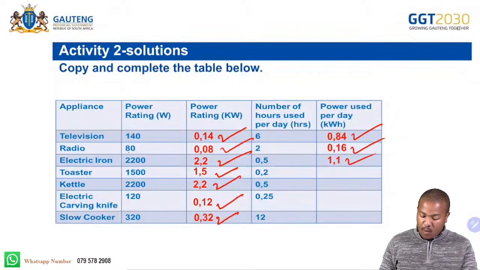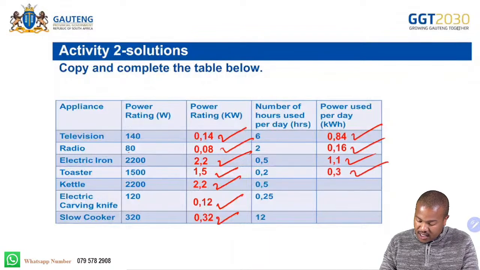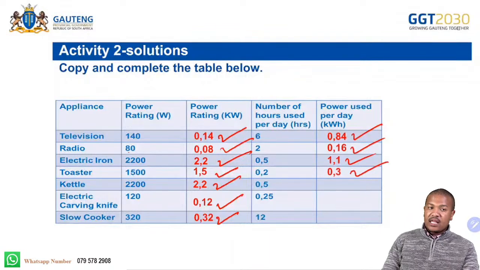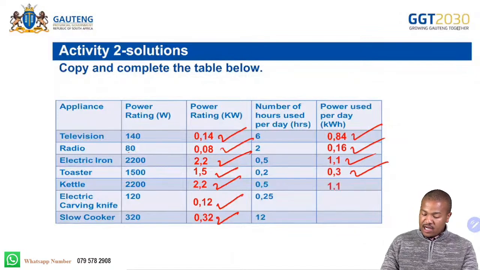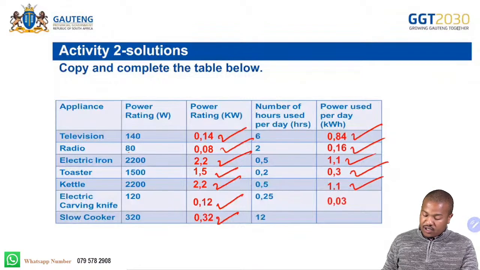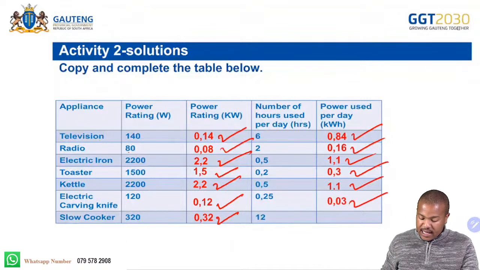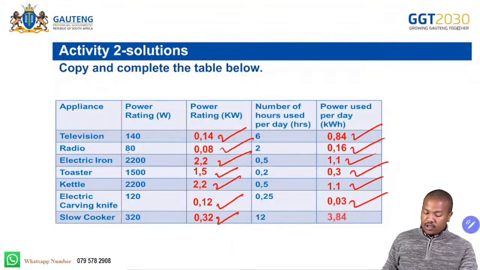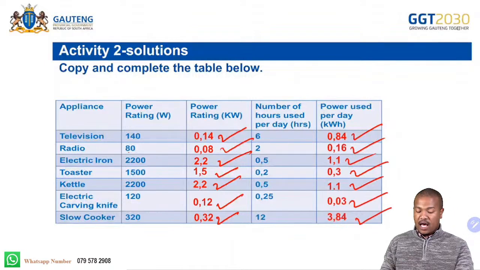Then the toaster, 1.5 multiplied by 0.2, that is 0.3 kilowatt hour. Then the kettle, 2.2 multiplied by 0.5 to give us 1.1 kilowatt hour. Electric carving knife, 0.12 multiplied by 0.25 to give us 0.3 kilowatt hour. Then slow cooker, 0.32 multiplied by 12 to give us 3.84 kilowatt hour.